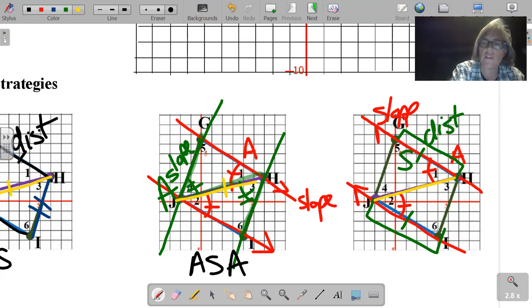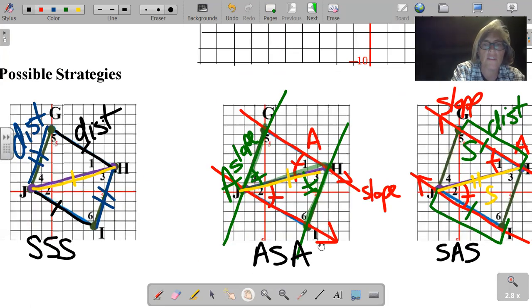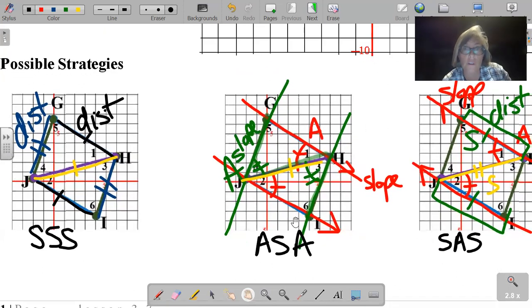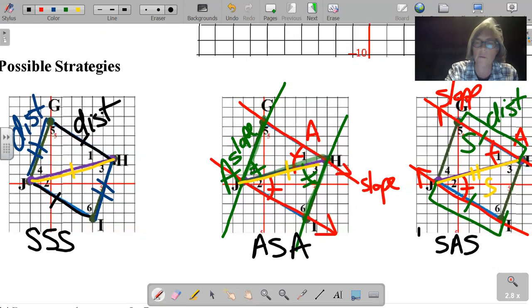And then down the middle, a reflexive side. And this would give me side, angle, side. Theoretically, you can do all three. Make sure you know that you can show all three. But because I want you to be able to see both distance and slope, I'm going to only explain this one problem, and this is the one you're going to explain to your teammates. But they do need to know that these other two methods are possible.